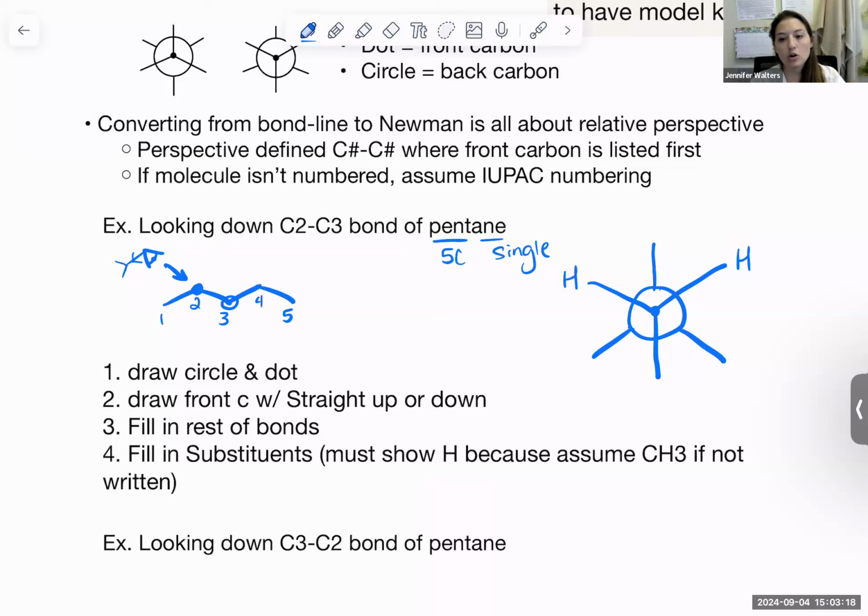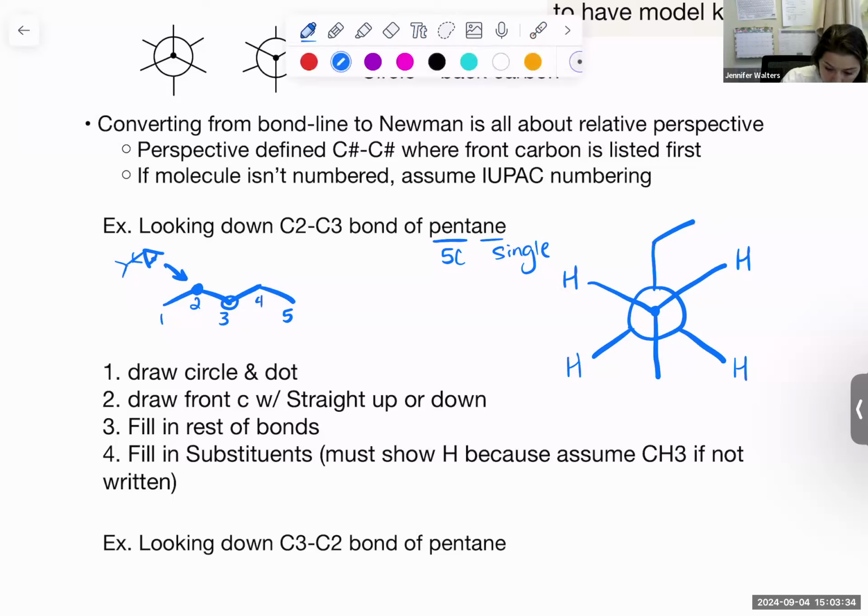Then on carbon 3, I have my 2 hydrogens that are going down, and then I have this ethyl, this 2-carbon chain. So I could either show it as just a line showing that there are 2 carbons, in which case this would be numbered 1, 2, 3 is the circle, 4 is that bend, 5 is the end.